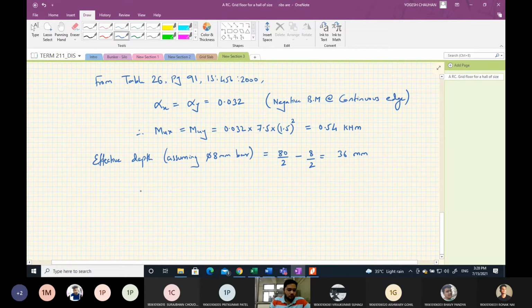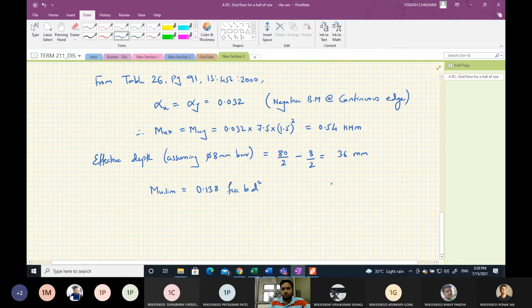So the moment of resistance equals 0.138 fck b d square. We can do reverse also. We can find the limiting moment of resistance and compare it with this. So whatever depth we have provided is sufficient.